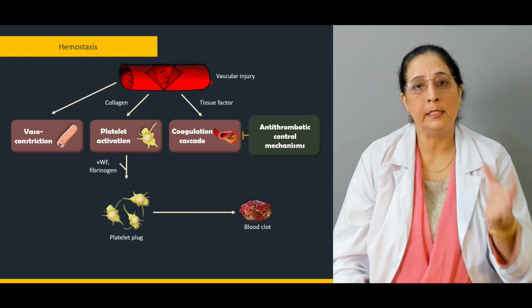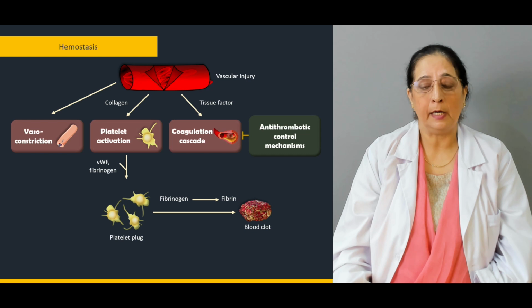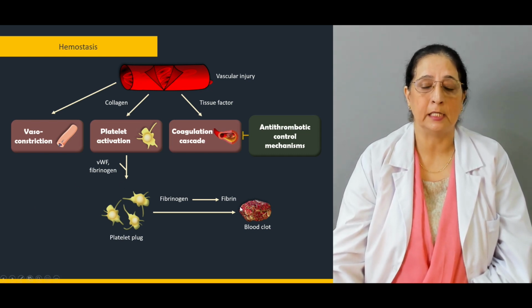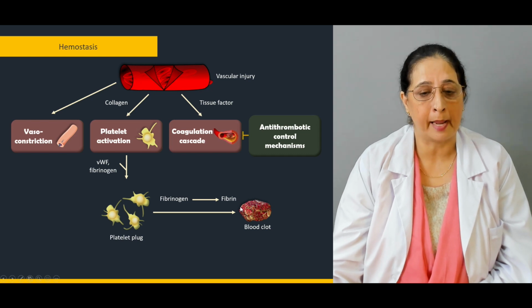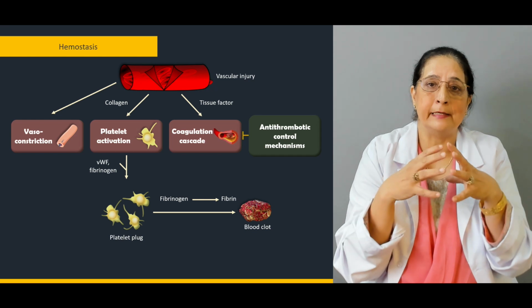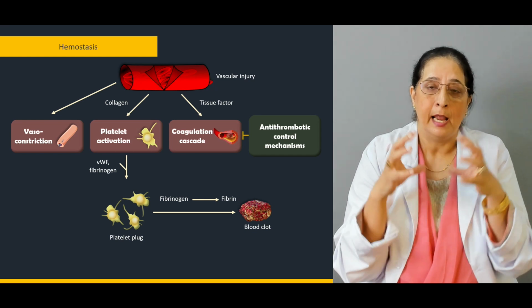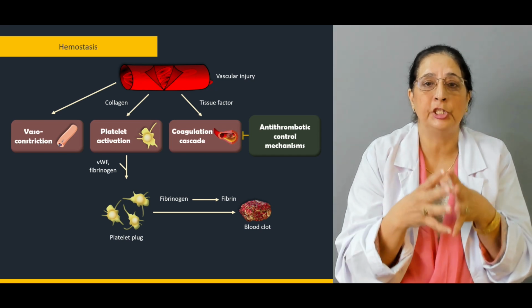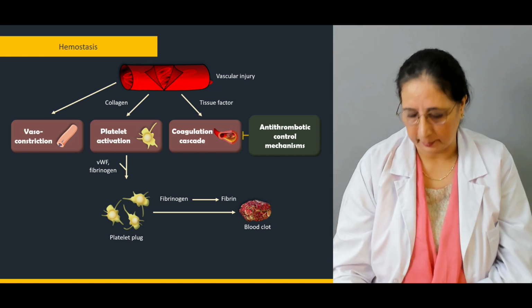Then it forms the blood clot, and the fibrinogen that is present is converted into fibrin. Fibrin forms a thread-like network or meshwork, and along with the platelets, it helps in the formation of the blood clot.